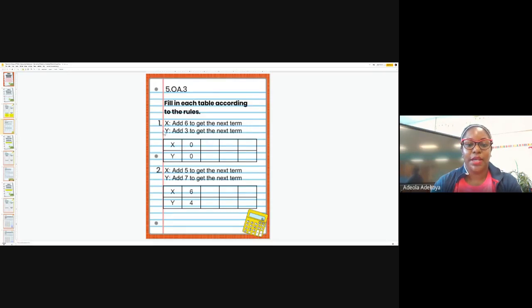The rule down here, add 3 to get to the next term. So I'm starting off with 0. I'm following the directions over here, noticing the pattern. I'm going to add 3, so 0 plus 3 would give me 3. 3 plus 3 will give me 6, and then 6 plus 3 will give me 9.